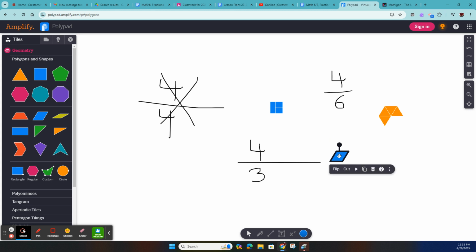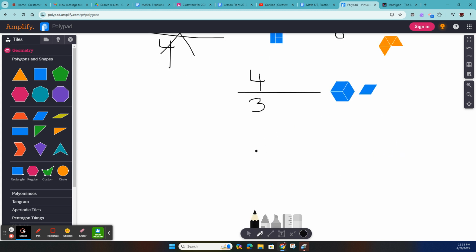And again, we can show that visually, just like this. Here we go. There. Okay, so there's 3/3, 4/3. I could also have said, hey, 4/2.